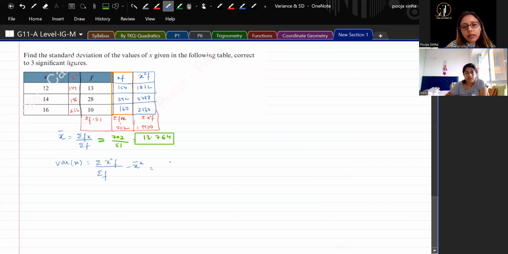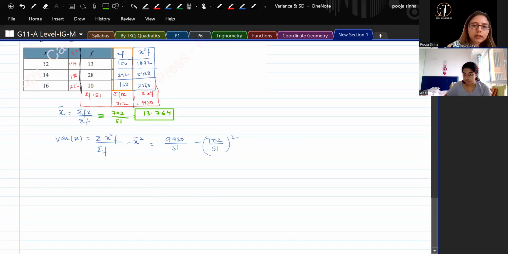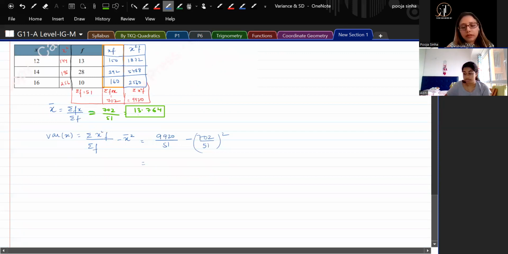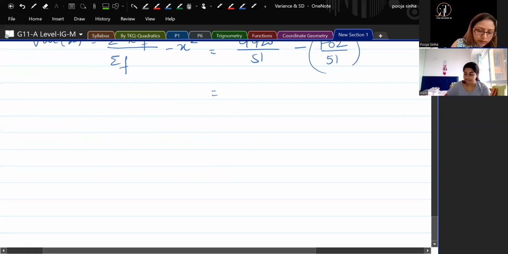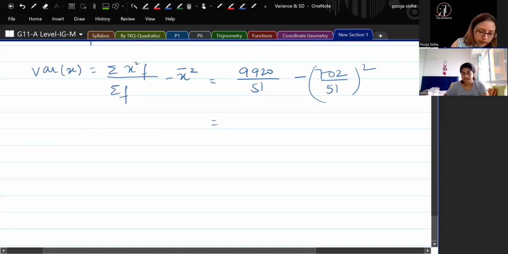That here is 9920 upon sigma f, which is 51, minus 702 upon 51 whole square, right? 702 upon 51 square. You write the values. 9920 divided by 51. The answer? Give me a moment.